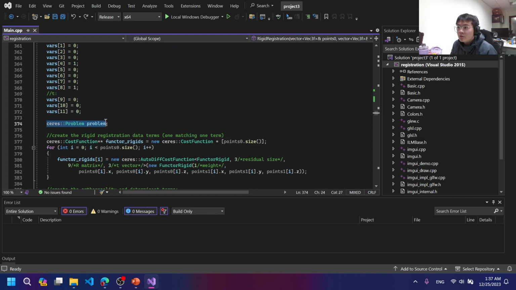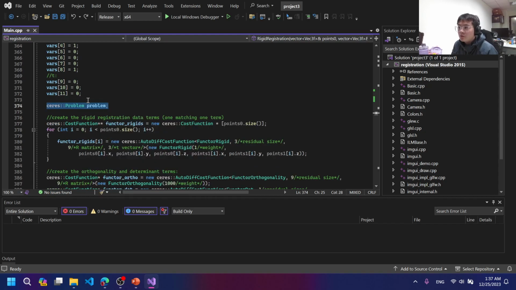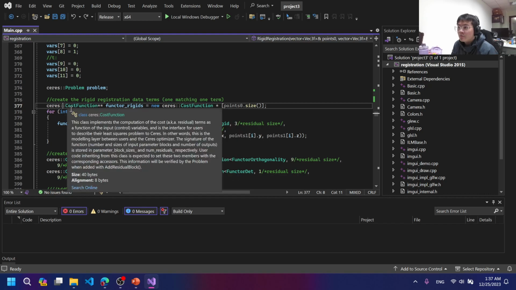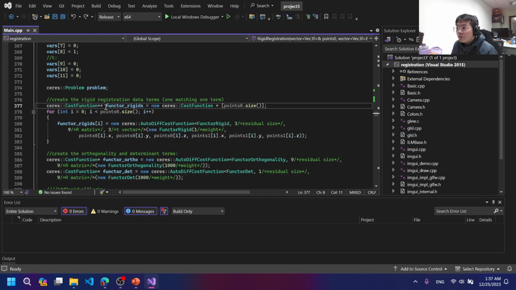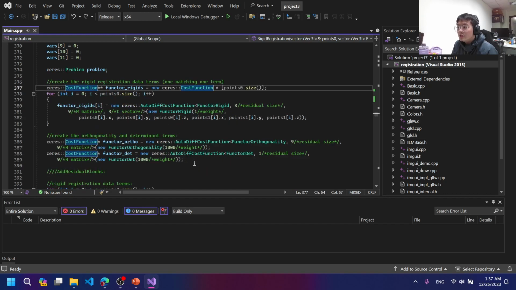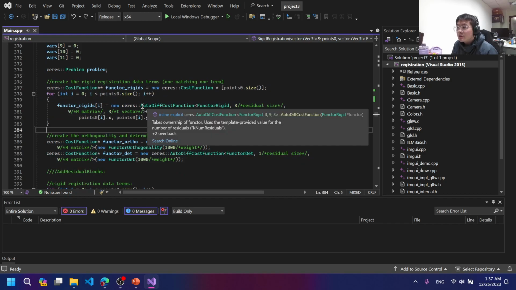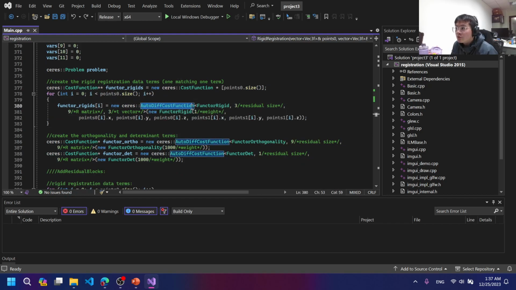Then over here we are loading up the problem which we have to solve, which is the bunny image. And then over here we are initializing the functor underscore rigids. These three functions over here, you can see they are using this AutoDiffCostFunction.